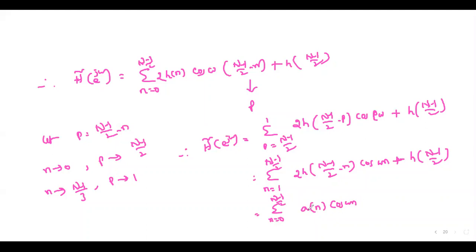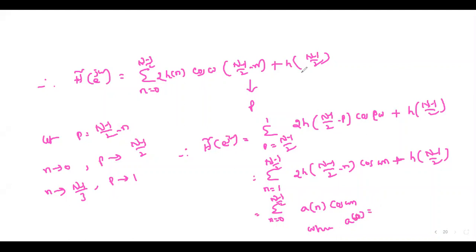Where when n is equal to 0, a of 0 must be equal to this much. But from n equal to 1, a of n must be equal to 2 into this much.